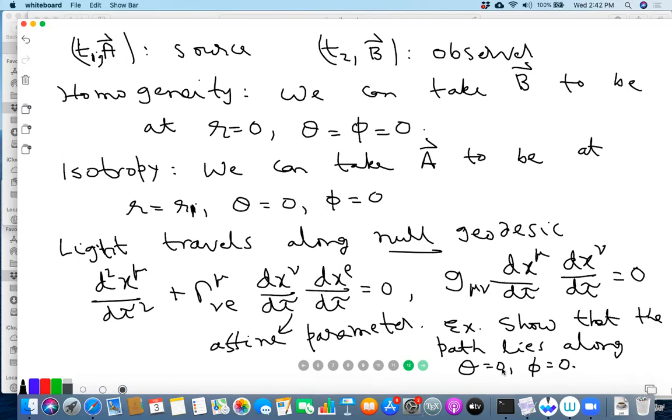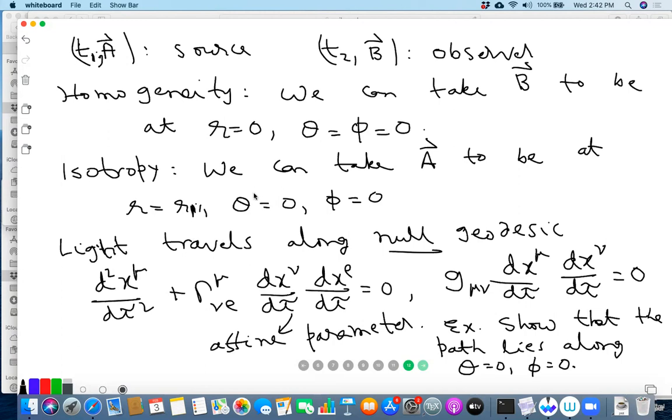Anyway, what this is saying is that if we have a null geodesic that connects the point r equal to r1, theta equal to 0, phi equal to 0, to r equal to 0, theta and phi 0, this is at T1, this is at T0, then that null geodesic must lie along the theta equal to 0, phi equal to 0 line. It should be more or less clear by symmetry, because if theta was changing, which direction would it change?